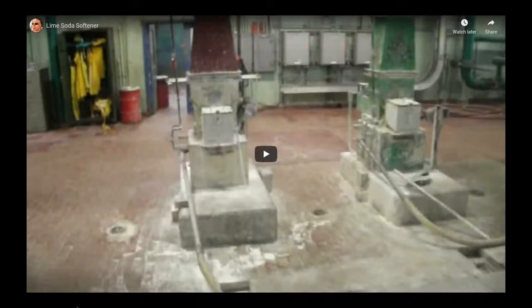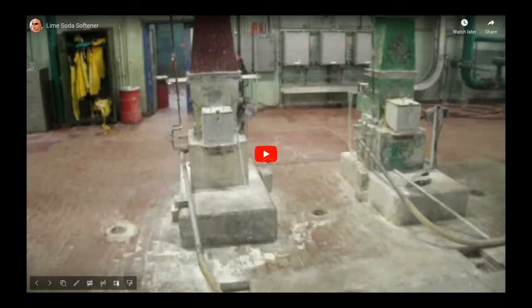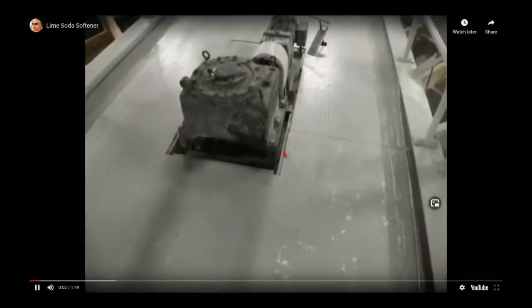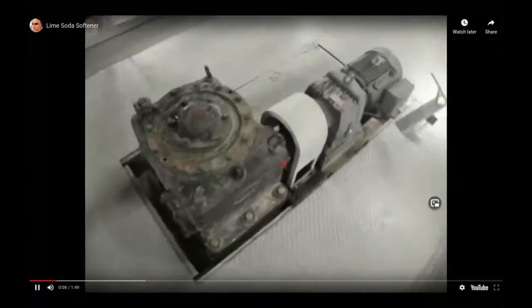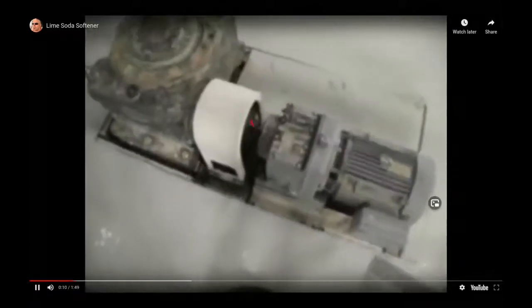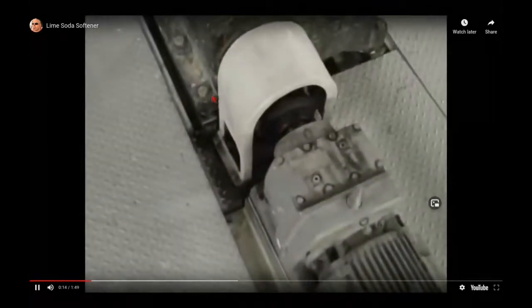Now, I'm not sure if this is going to work. Here, you can watch this. Now, this is a video that I took at the Brandon Generating Station in Manitoba. And what you're looking at right now is the motor and the gear drive that drives the agitator.